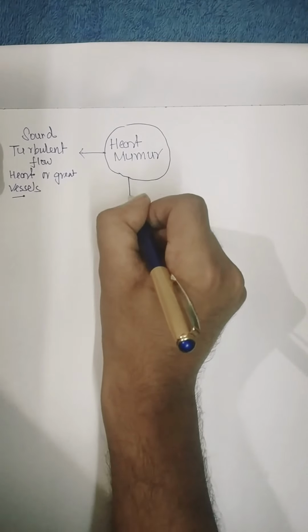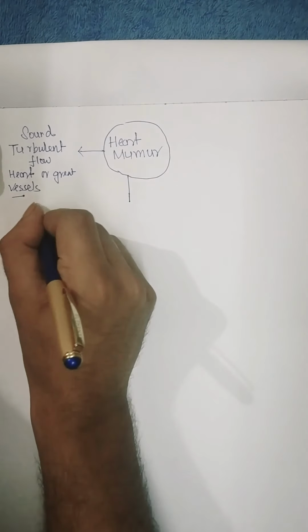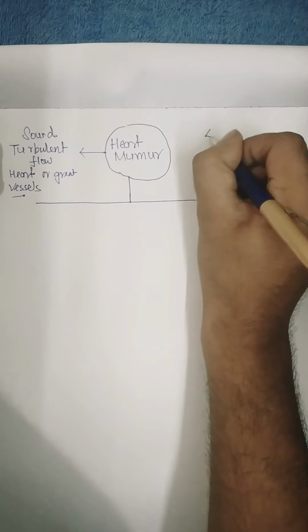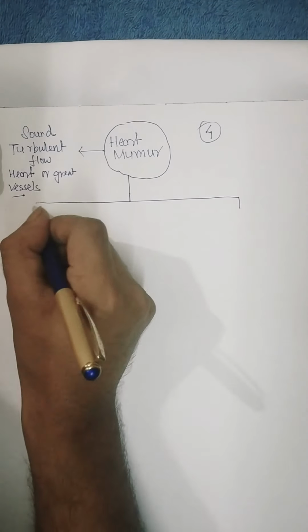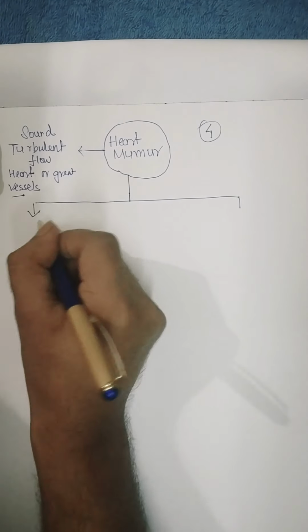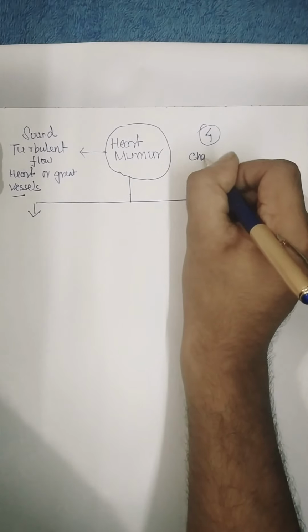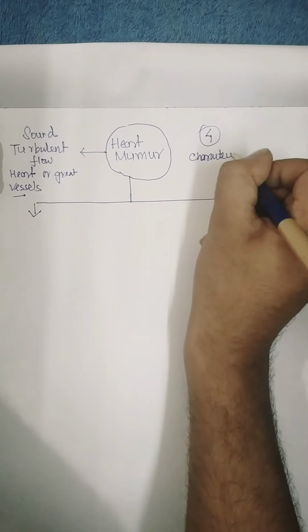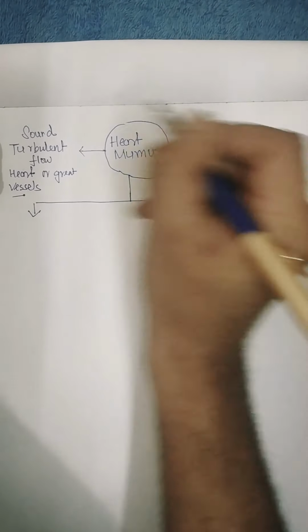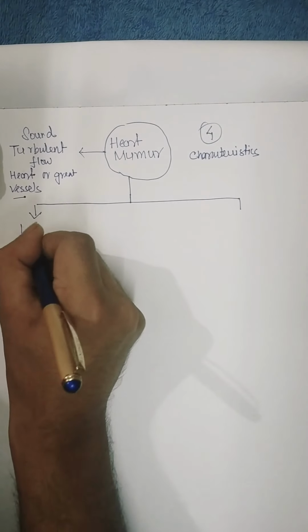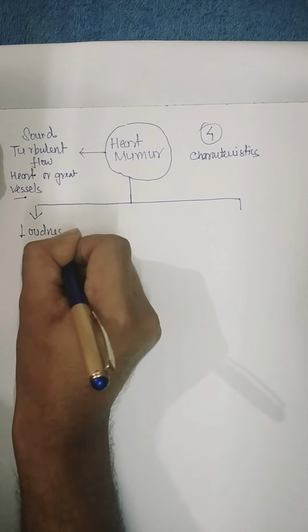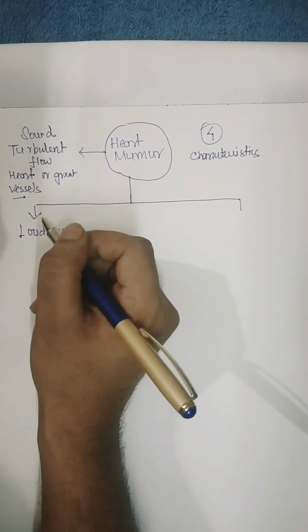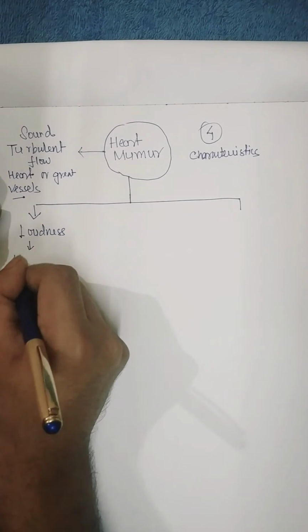So when we describe a murmur, we describe it in its four characteristics. What are the four characteristics? The first one is loudness, how loud the murmur is. This reflects the degree of turbulence.